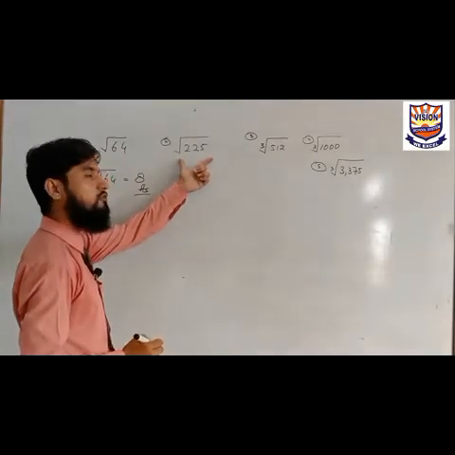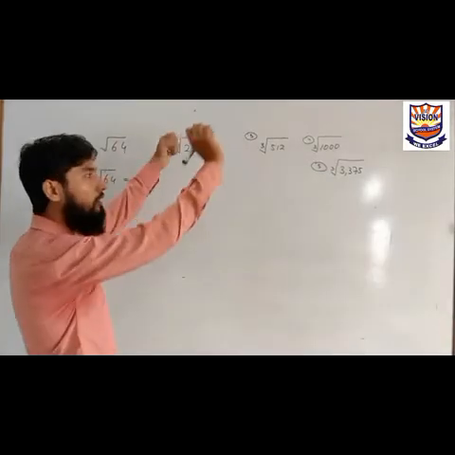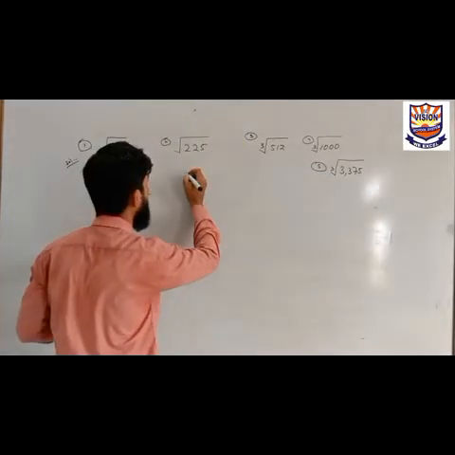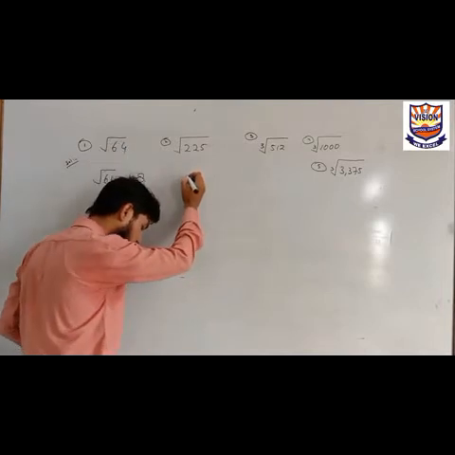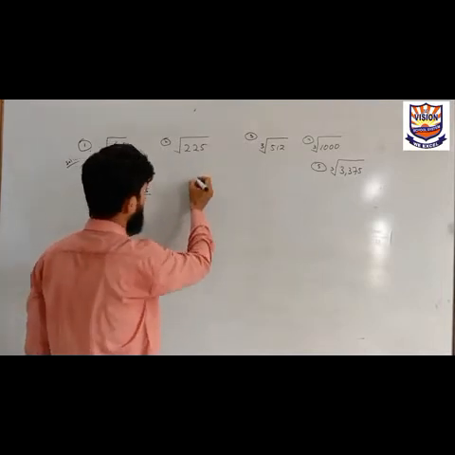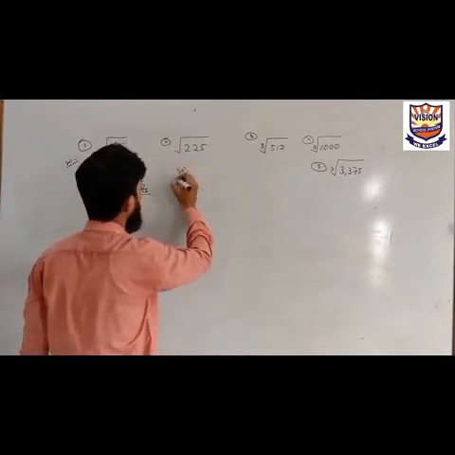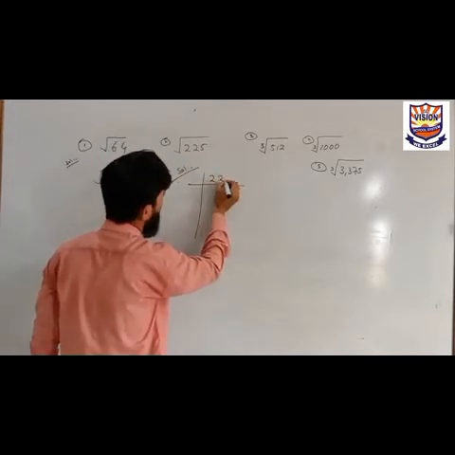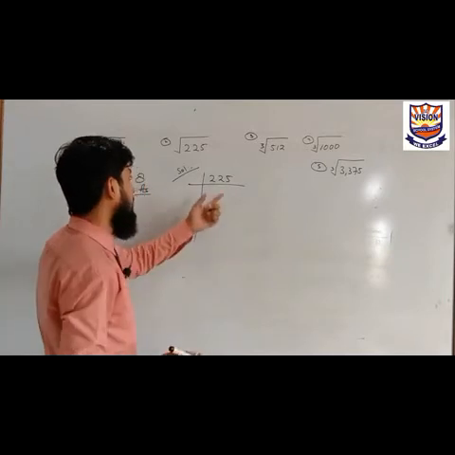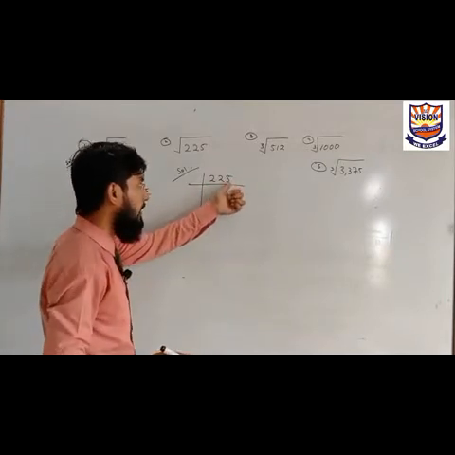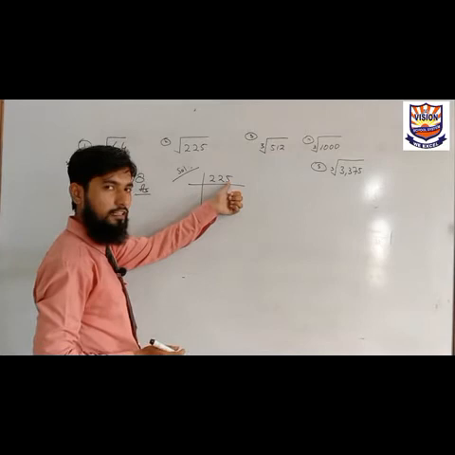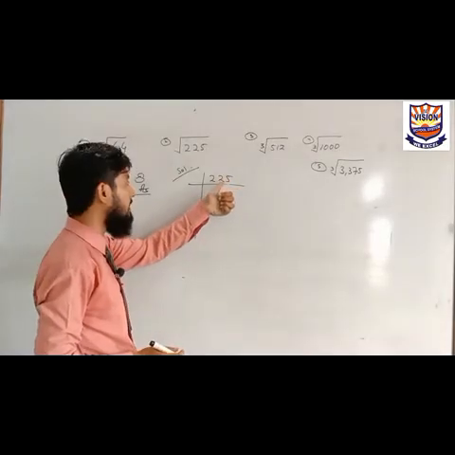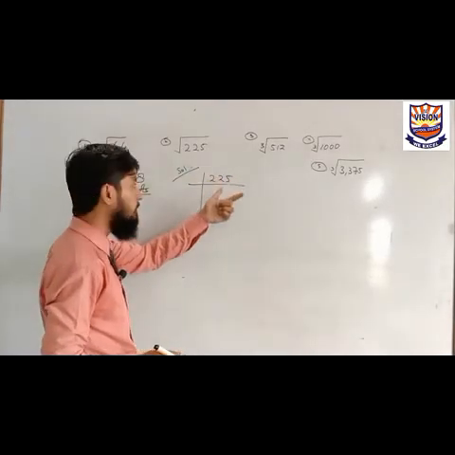Now we will find the square root of 225. We don't know what is the square root of 225. What is the first step? First step is to find its prime factors. So write the 225 like this. As the number is ending with 5, we know when the number is ending with 5 or 0, we can divide the whole number by 5.